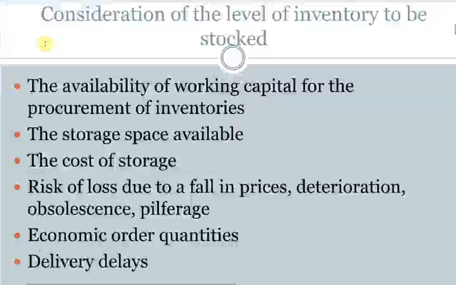So let us look at the considerations of the level of inventory to be stocked. What can actually affect the level of inventory that we are storing in our stores, right? So these are the factors that affect the level of inventory we store as a business. So the first thing is the availability of working capital for the procurement of the inventory.